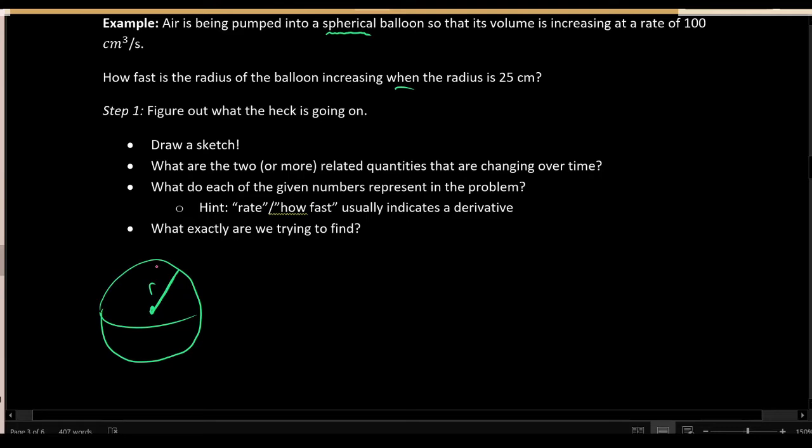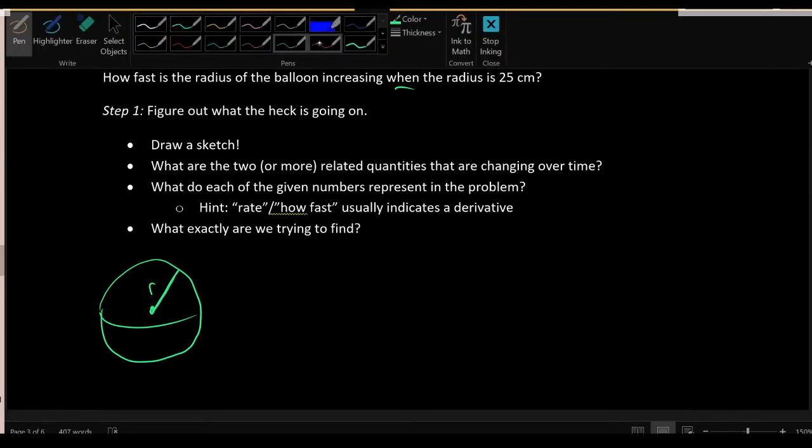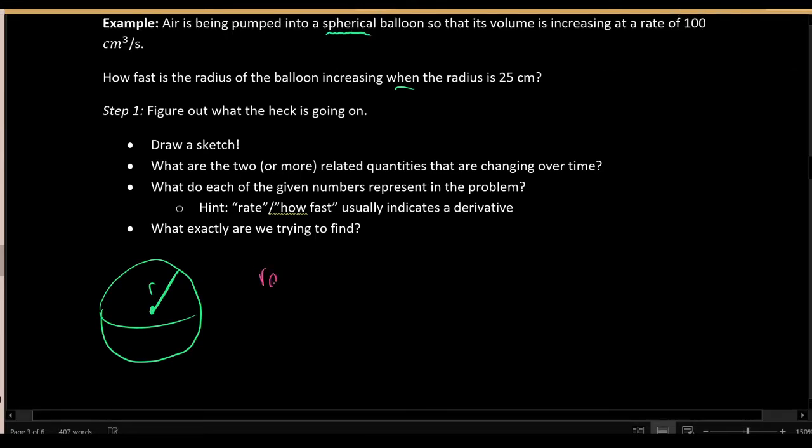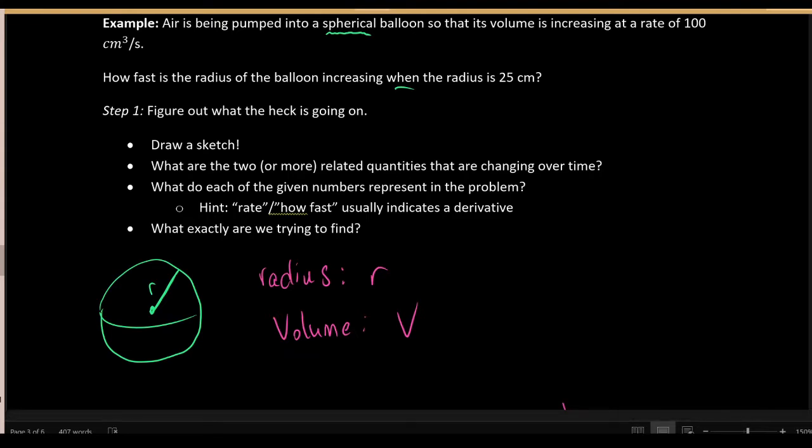So this balloon has some radius called, let's say, r. The balloon also has some volume. Let's just call it V for short. Now let's try and figure out what some of the numbers in this problem represent.